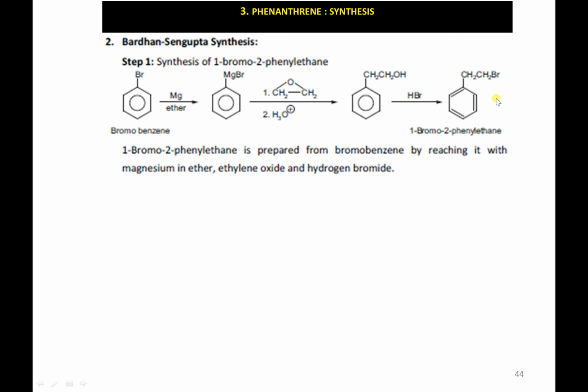First is 1-bromo-2-phenylethane, and this is obtained from bromobenzene through Grignard synthesis to get the aryl magnesium bromide, which is then treated with epoxide and hydrolyzed to get 2-phenylethanol, okay, which is then treated with HBr. It's a very straightforward reaction, and you get the corresponding bromide.